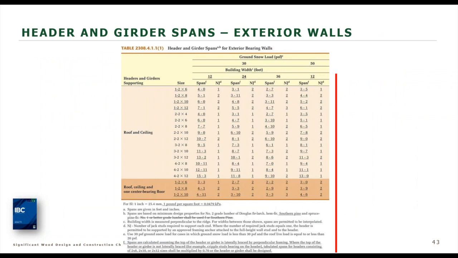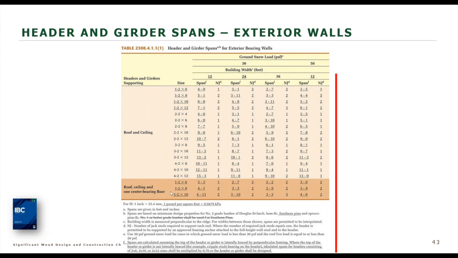Okay, now we're into the conventional frame construction, Chapter 2308, where we've now expanded the use of wood products so that not only Southern Pine No. 1 is included in this table, but we've expanded it to Southern Pine No. 2.